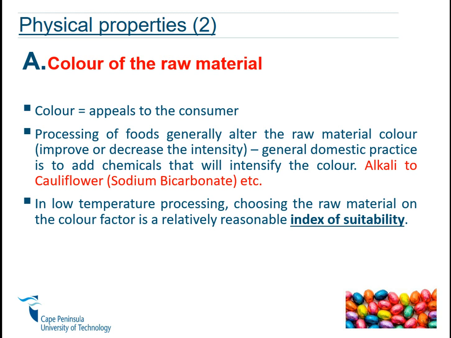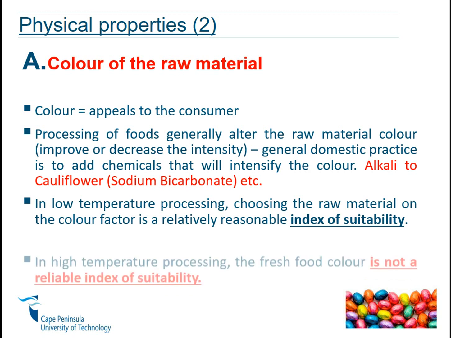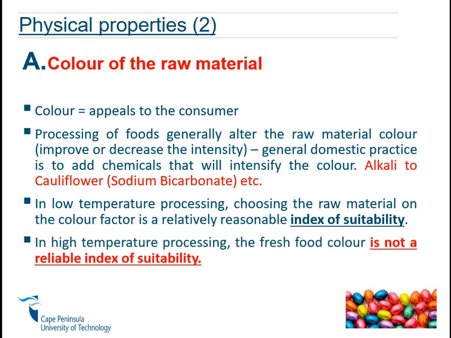Thus, the color of the raw material is a good guide to see if it is suitable for further processing. However, when we come to high temperature processing, the fresh food color is not a reliable index of suitability.